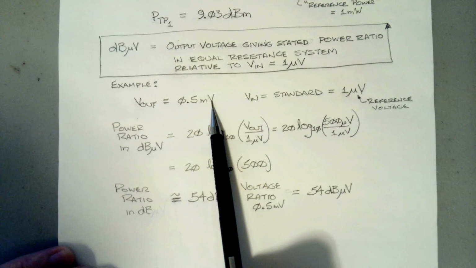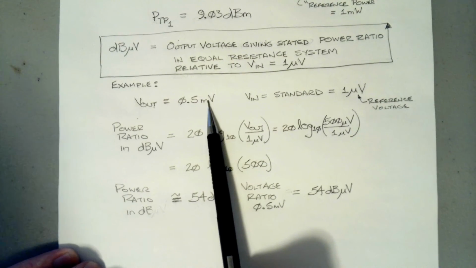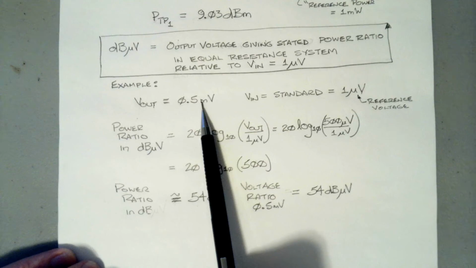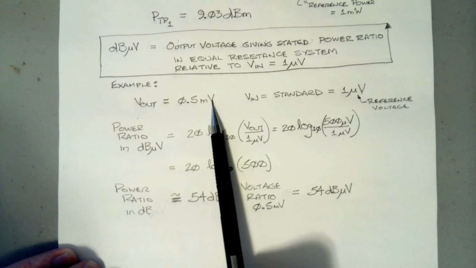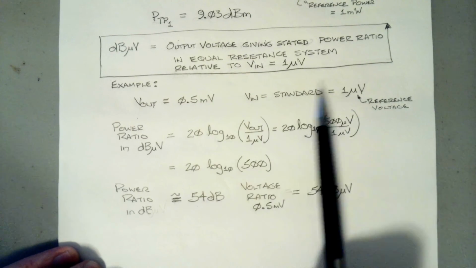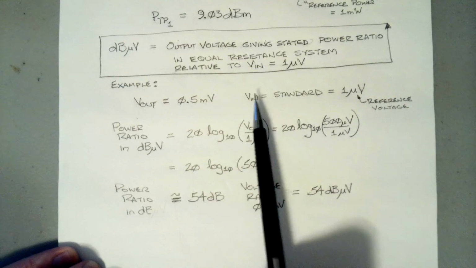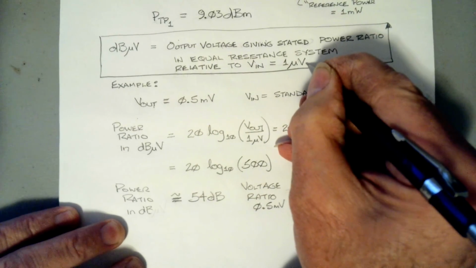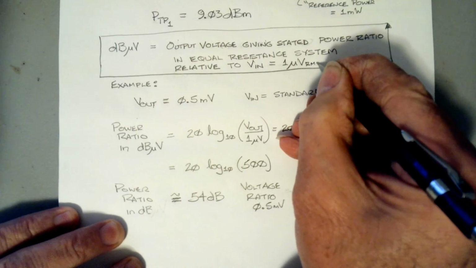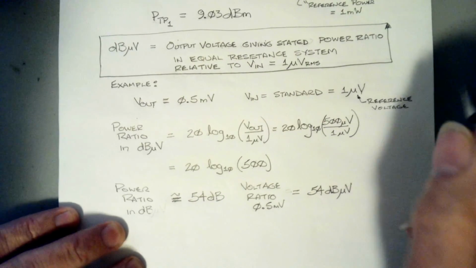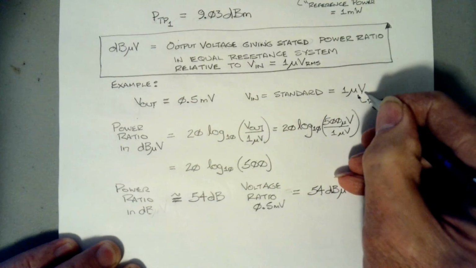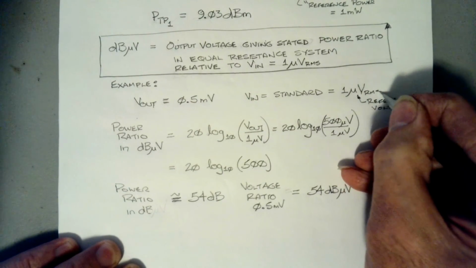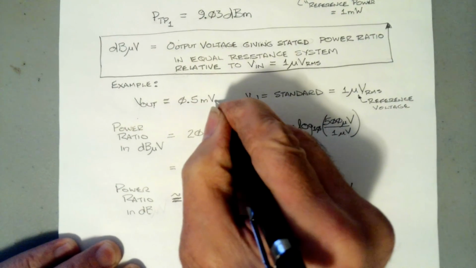This could be RMS, could be DC, but it's probably a signal. Even if it's peak to peak, this is really meant to be RMS. So let's be specific here: this voltage has to be RMS.